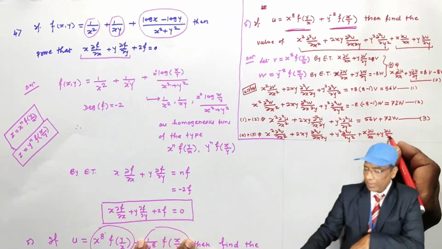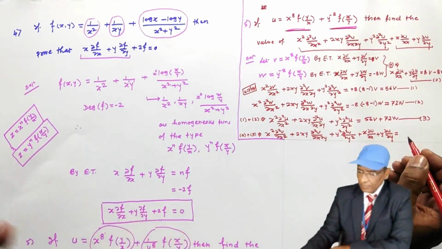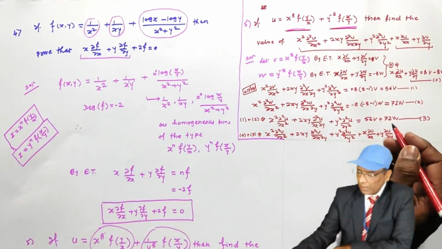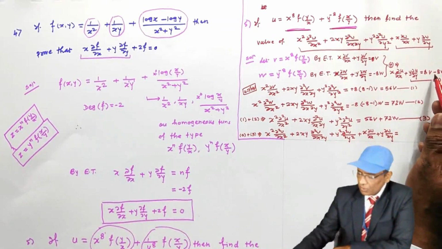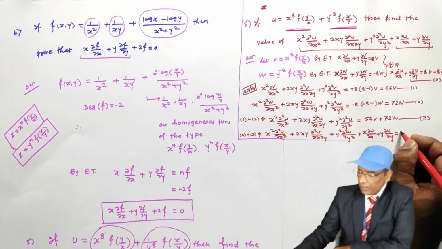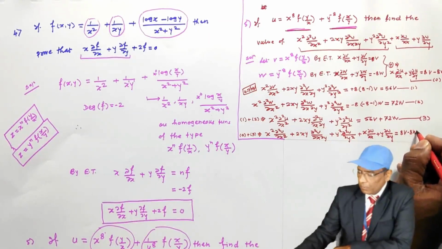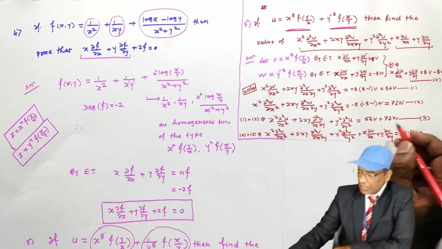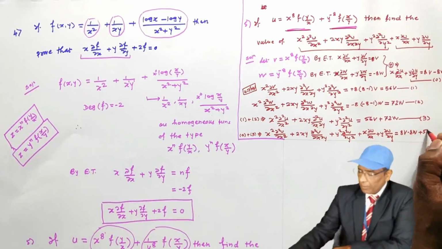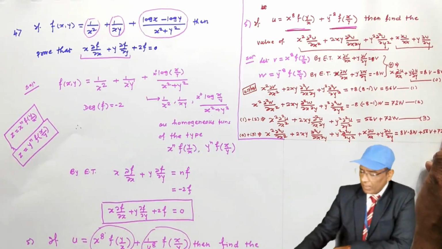Left hand side I have added. Similarly, right hand side you have to add. Right hand side of equation 0 is 8v minus 8w plus 56v plus 72w. Is it? Now add them.